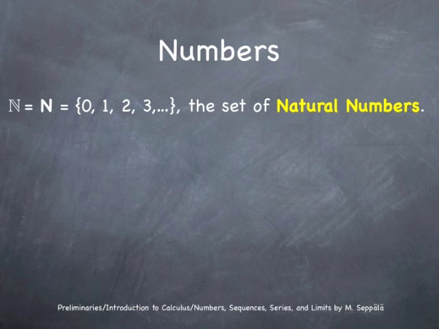The set of natural numbers are numbers 0, 1, 2, 3, and so forth. So 0 and all positive integers. That set is denoted by capital boldface N, and often one uses notation which is called blackboard bold N, which is capital N with two straight lines in the middle.